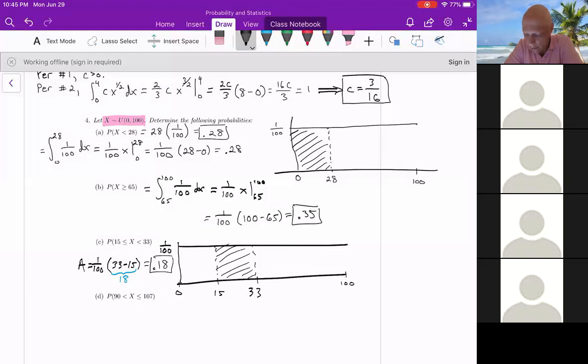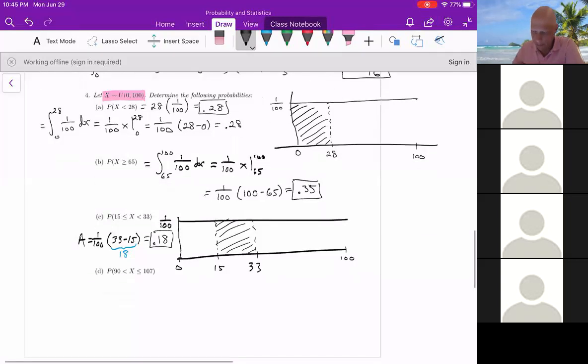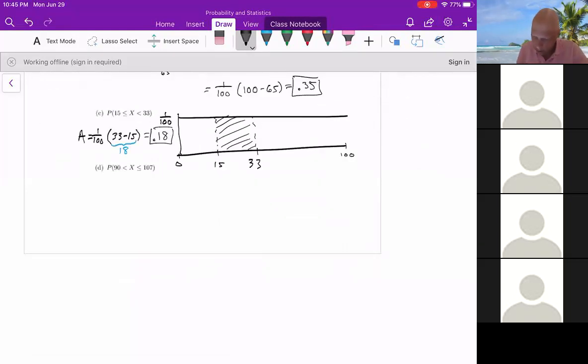Yeah, either one is fine. Why 0.1? What did you realize didn't matter? The area under, well, the 100 to 107 is 0 because the curve stops there. So you just integrate from 90 to 100. Perfect.